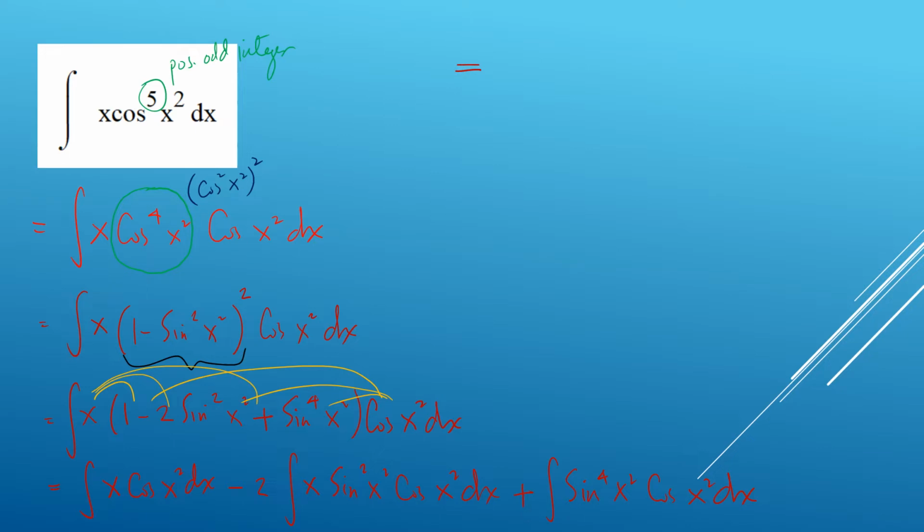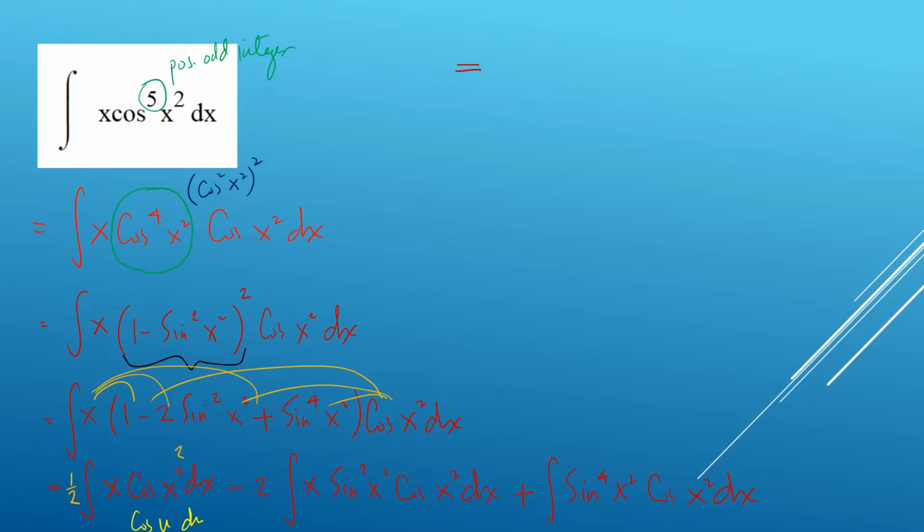We continue. For the first integral, we shall apply cosine u du. Our u is x squared and its differential is 2x dx. So we complete by multiplying x dx by 2 and pre-multiplying it by 1/2.